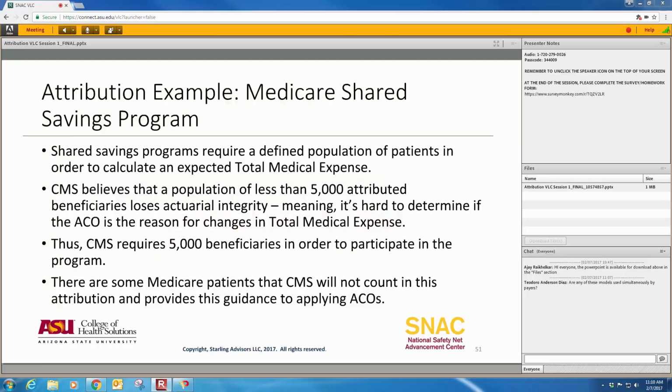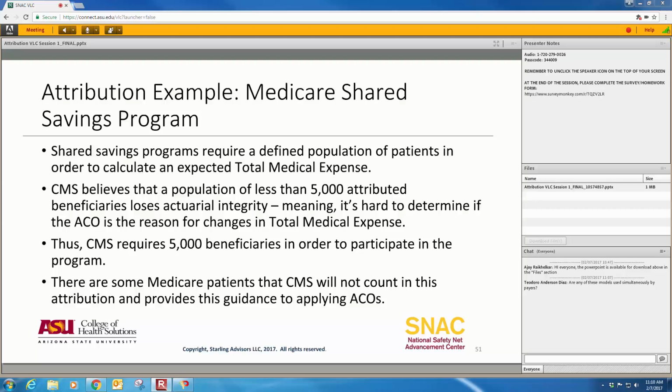Okay, really quickly, I want to take you through the Medicare Shared Savings Program attribution model. Some of you are in this program, so you have some experience with how this works. The Medicare Shared Savings Program requires a defined population of patients in order to calculate an expected total medical expense.